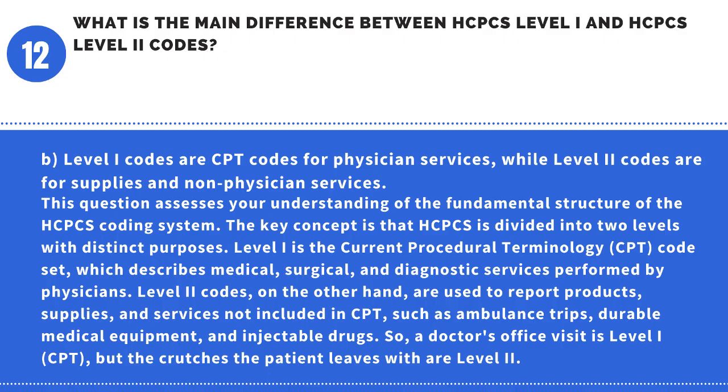Level 1 is the Current Procedural Terminology, CPT, code set, which describes medical, surgical, and diagnostic services performed by physicians. Level 2 codes, on the other hand, are used to report products, supplies, and services not included in CPT, such as ambulance trips, durable medical equipment, and injectable drugs. So, a doctor's office visit is Level 1 CPT, but the crutches the patient leaves with are Level 2.